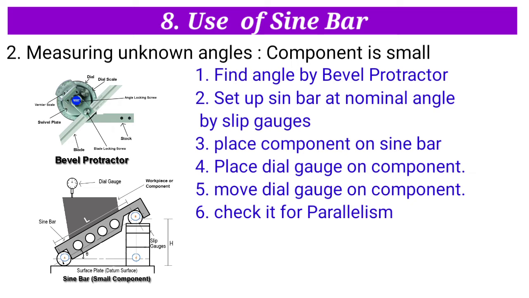If dx is the variation in parallelism over a distance x, the corresponding variation in angle theta is equal to the sine inverse of dx by x, and the approximate or nominal angle theta is equal to the sine inverse of h by L.